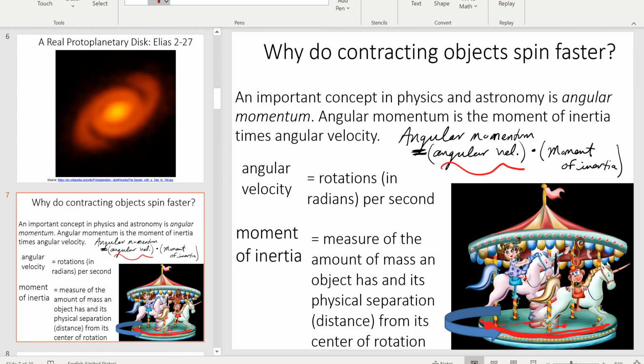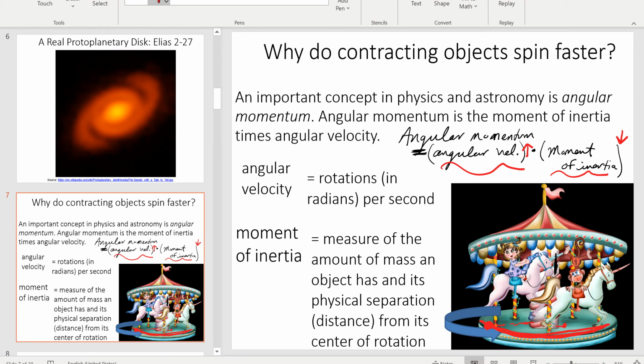It will collapse under its own gravity, let's say, it could, and then if the moment of inertia increases, because angular momentum must be constant, the angular velocity will decrease. As this goes up, this goes down. Now what actually happens in a contracted nebula is that the moment of inertia goes down and the angular velocity goes up.